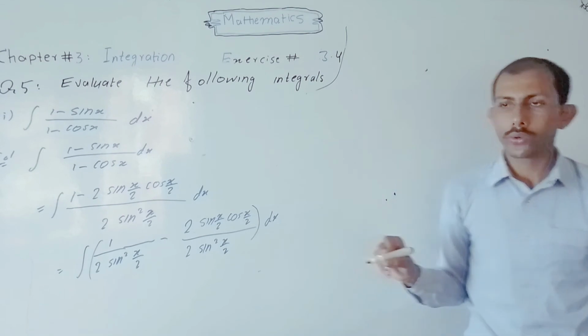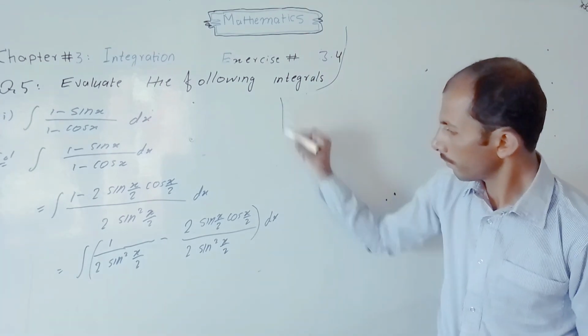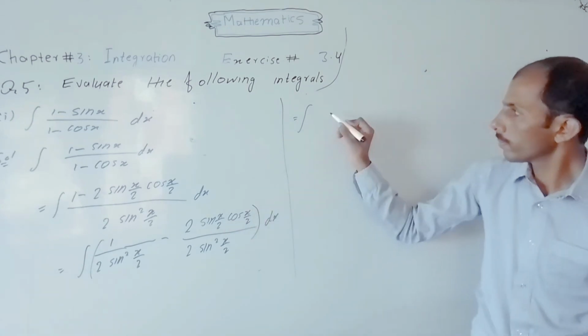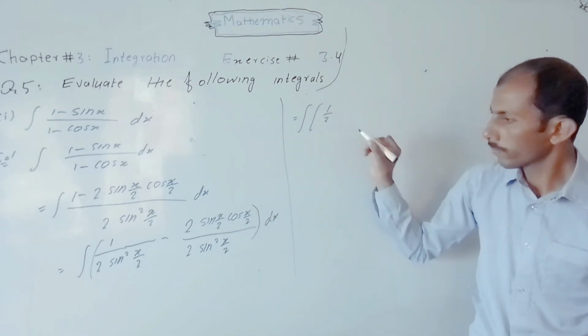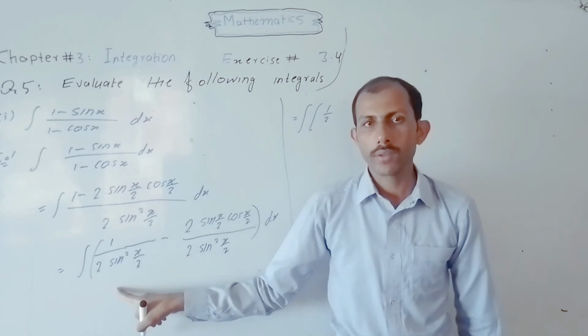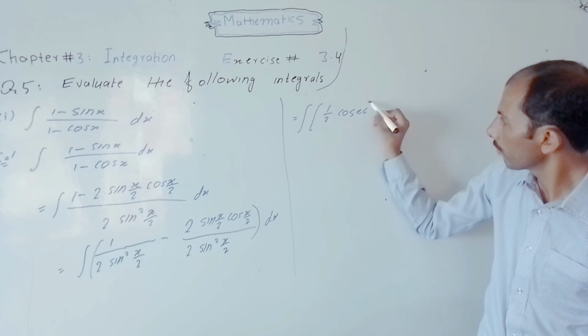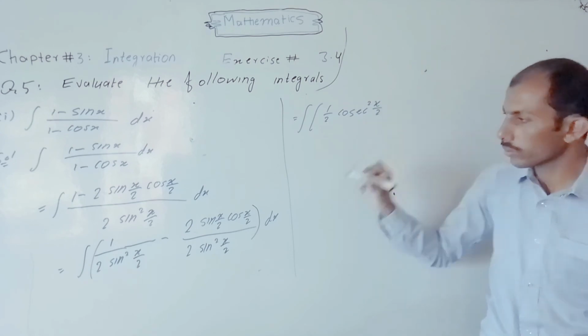which is equal to integral 1 divided by 2, 1 divided by sin square is equal to cosecant square x over 2.